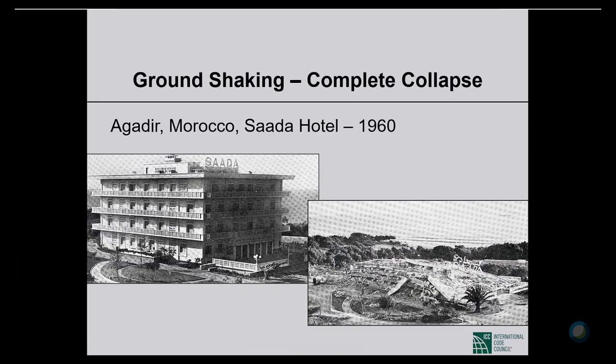So this is an instance of complete collapse. This is the Agadir, Morocco, earthquake, 1960. Old picture. Anyway, the picture is graphic enough. Left picture shows you a building standing. The right picture shows you the same building in a heap after the earthquake. Okay, nothing redeemable here.